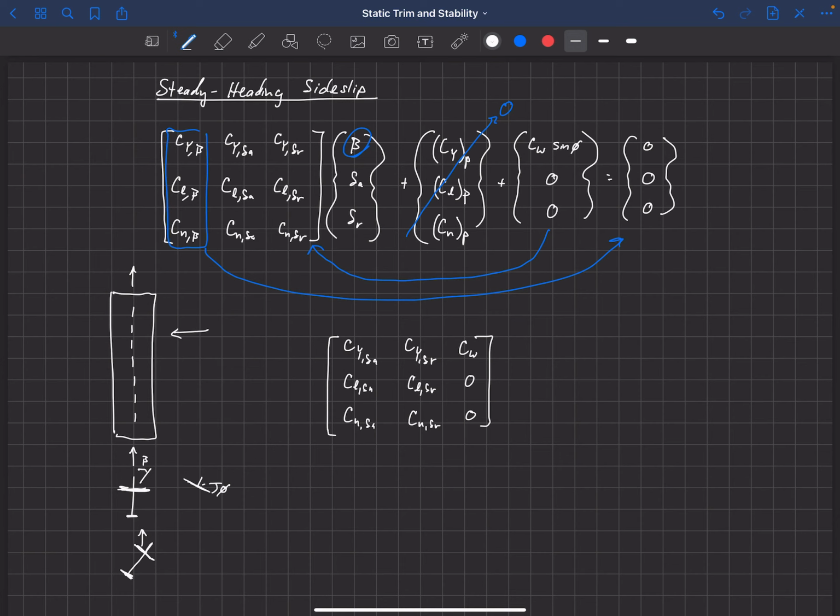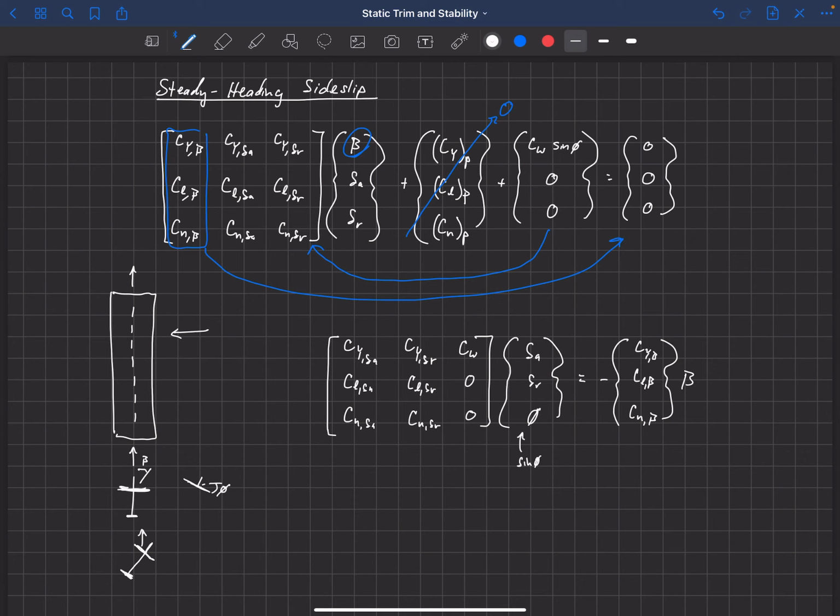Then we've got delta A, delta R, and I'm just going to put in phi here. You could carry around the sign of phi if you like, but I'm just going to put in phi and use a small angle approximation. And that's equal to negative, since I moved that column over to the right-hand side, CY comma beta, CL comma beta, and CN comma beta, all times beta.